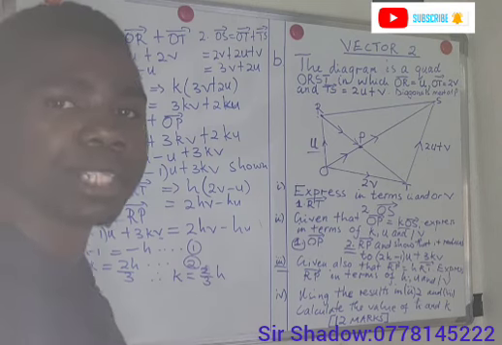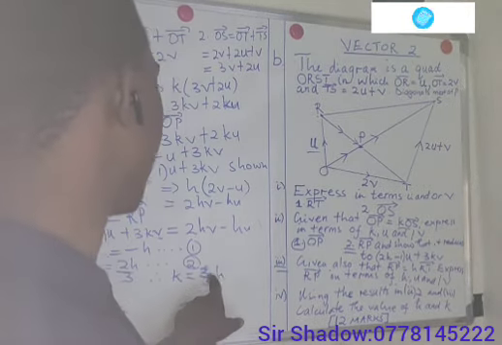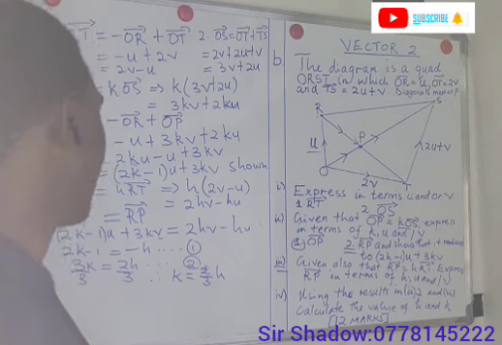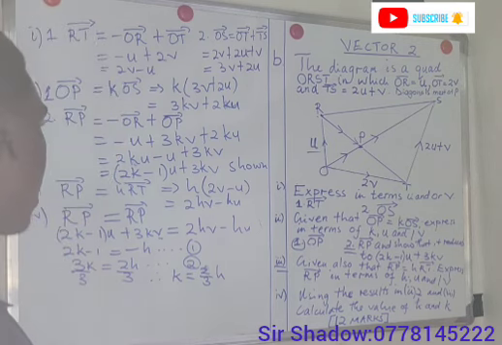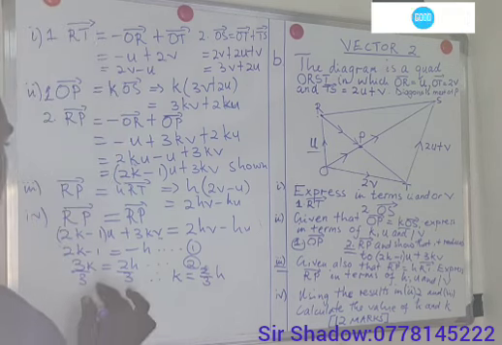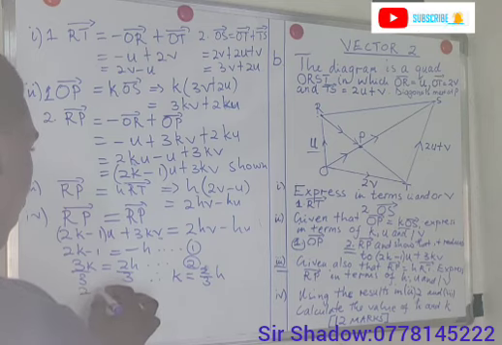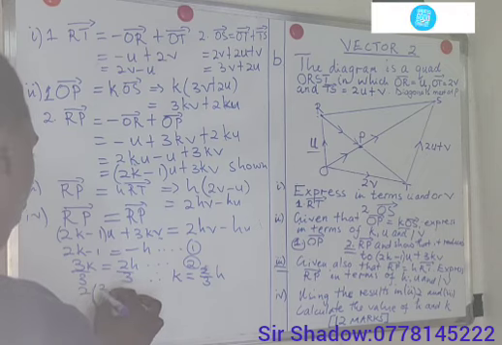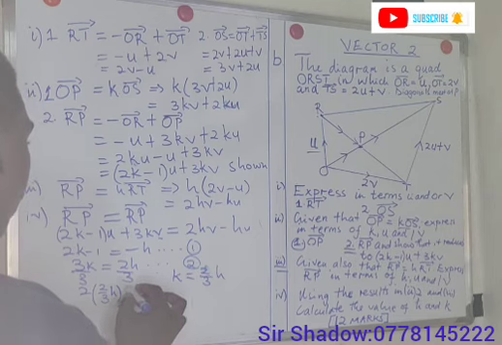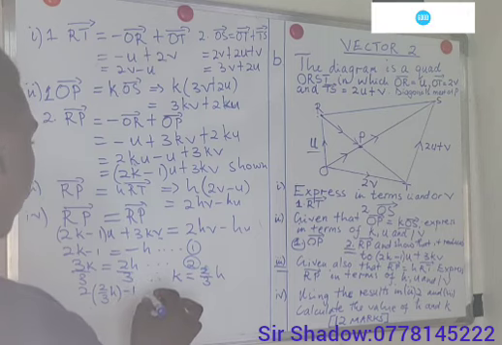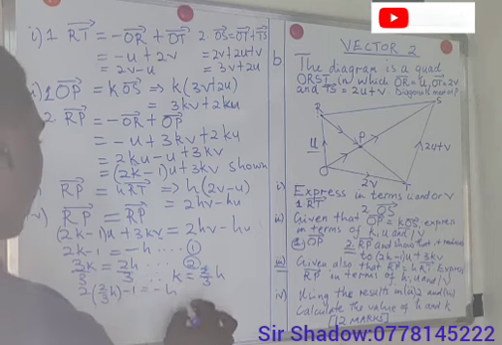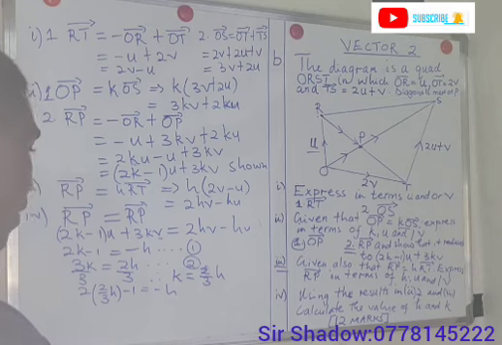Right, let me substitute k is equal to 2 over 3 h into equation number 1. So now substituting, 2 multiplied by 2 over 3 h minus 1 is equal to negative h.